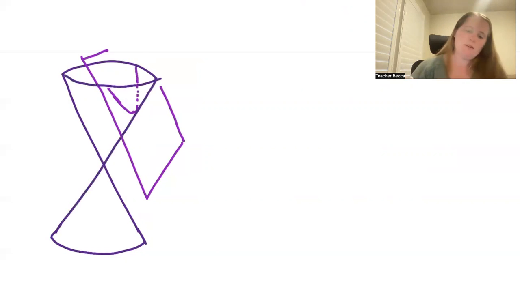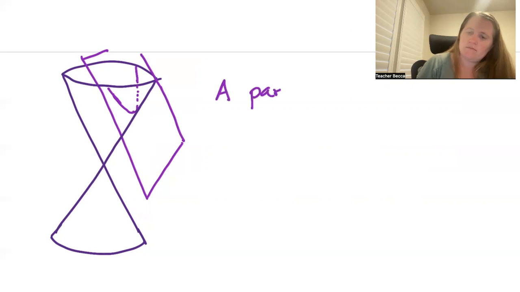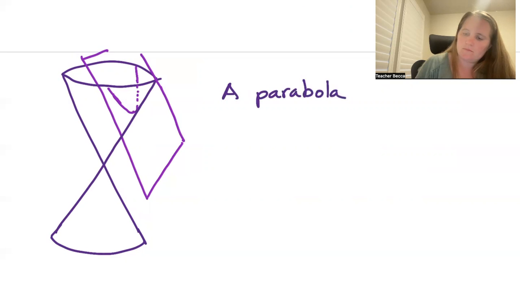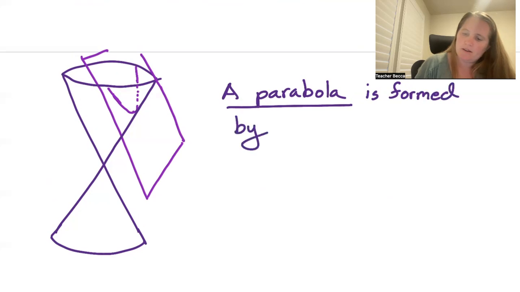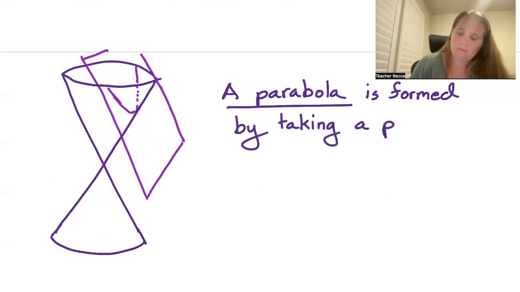And so this is a parabola. So a parabola is formed by taking a plane parallel to the side of the cone.